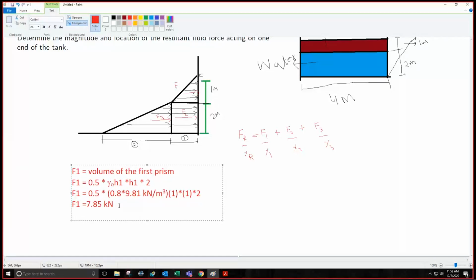राइट. नाउ व्हाट अबाउट y1? लेट्स से y1 लोकेशन ऑफ द फोर्स 1. दिस इज इक्वल टू 2 by 3 of H, centroid of the first prism, and we are measuring it from the top. ठीक है? From O. So it is equal to 2H1 divided by 3. ऐसे ही है? ठीक है?